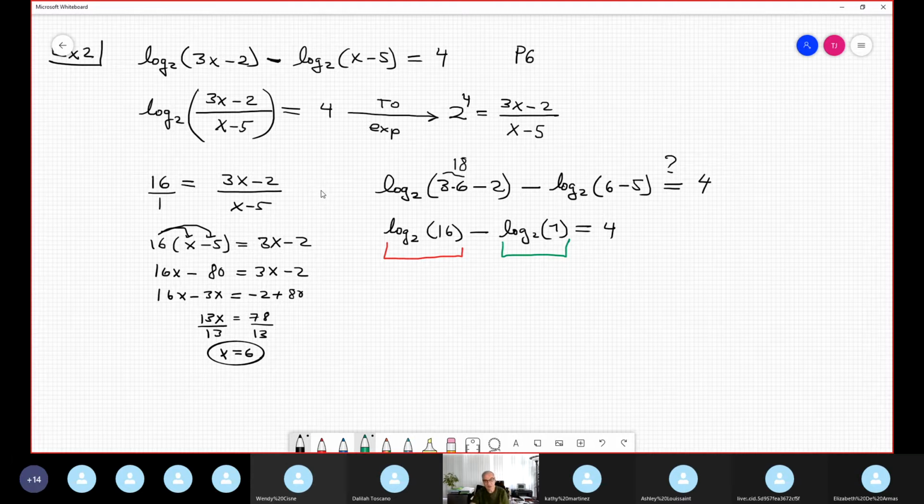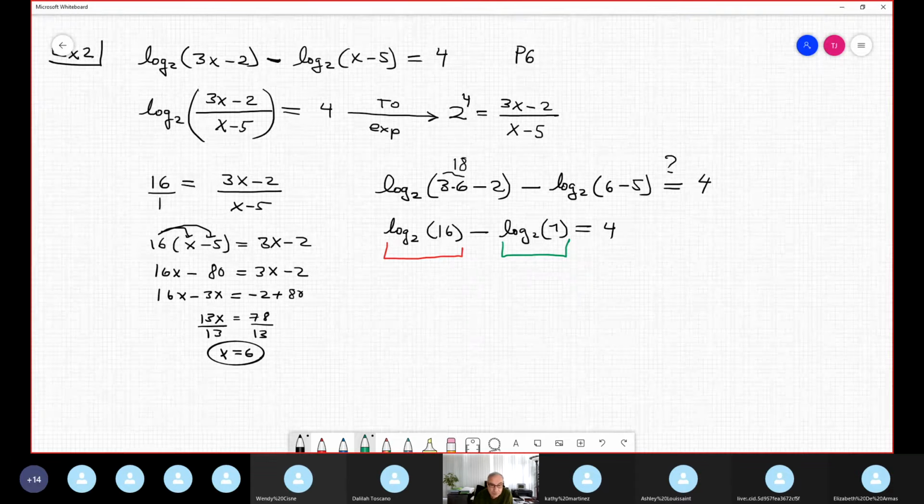Look, what is the answer? Logarithm base 2 of 16. Help me. Guys, are you totally lost? You have no idea about logarithms?